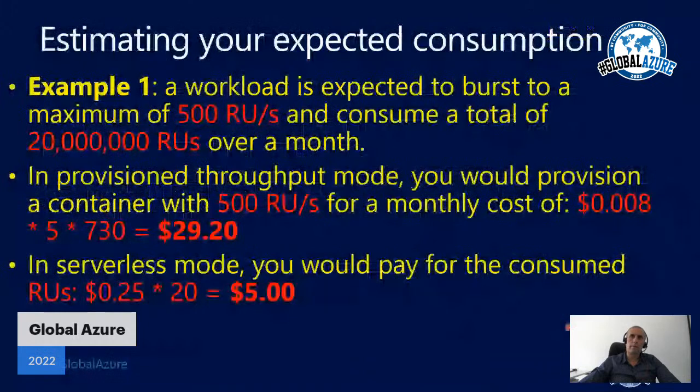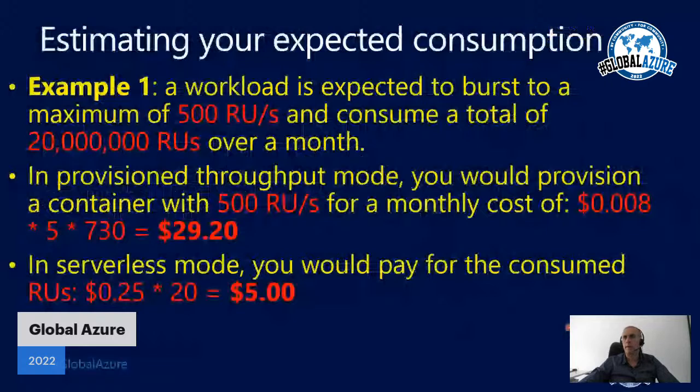Let's provide several samples. Sample one: we have a workload with a maximum of 500 request units per second, and around 20 million request units of load per month. With provisioned throughput, approximately the cost will be 29, 30 bucks.